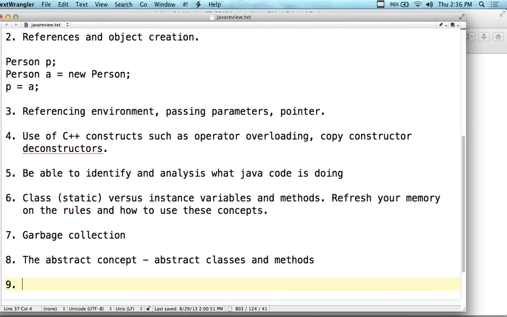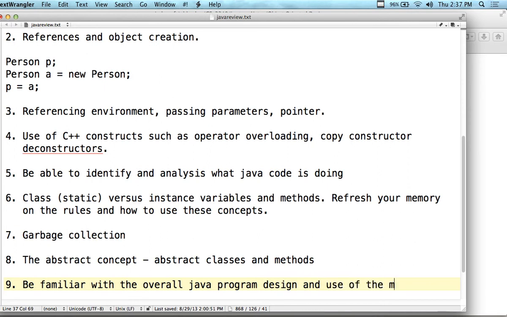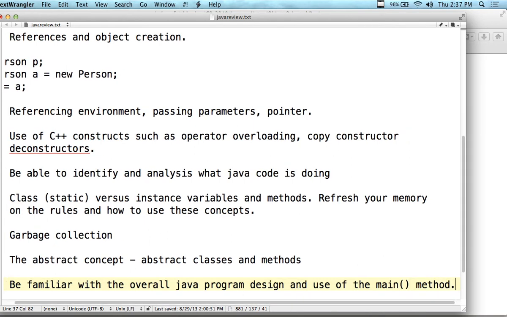Number 12 is on the use of the main method. So it's really the program design. Be familiar with the overall Java program design and use of the main method.